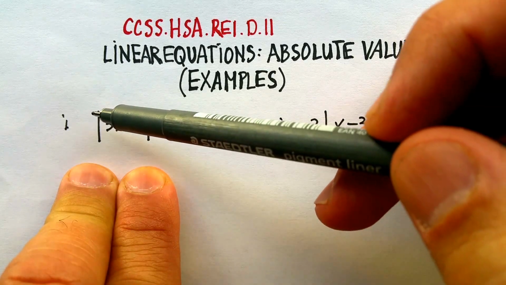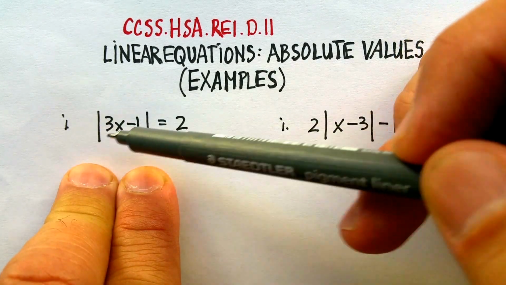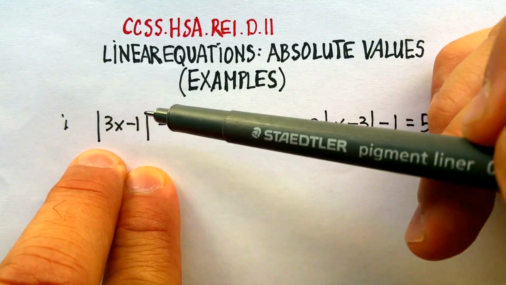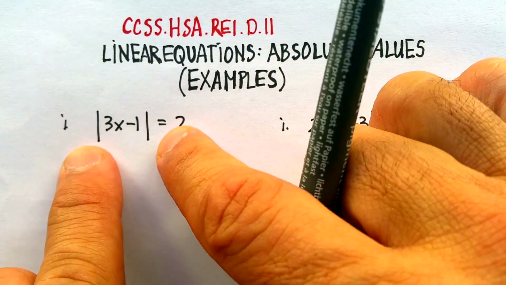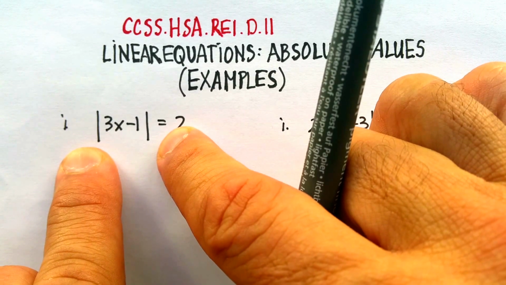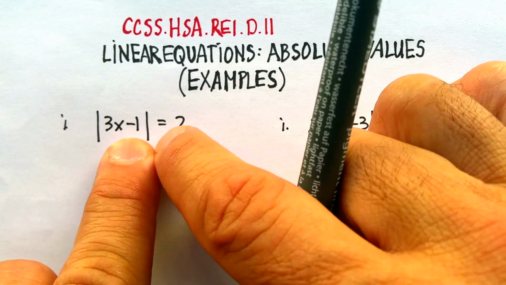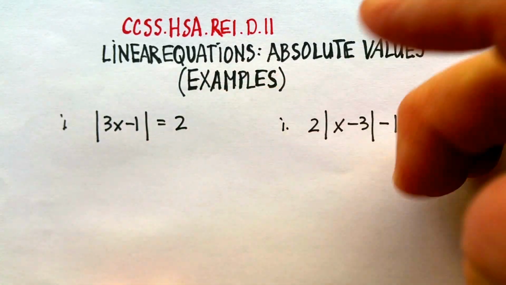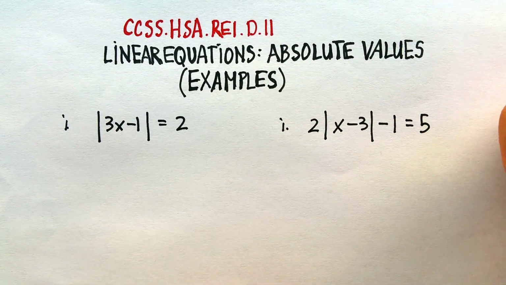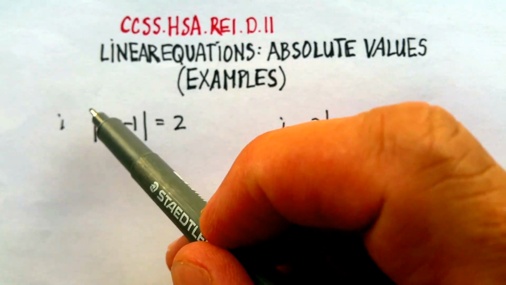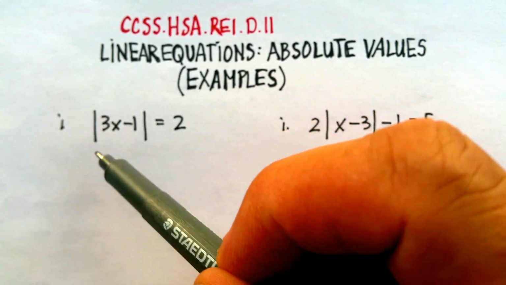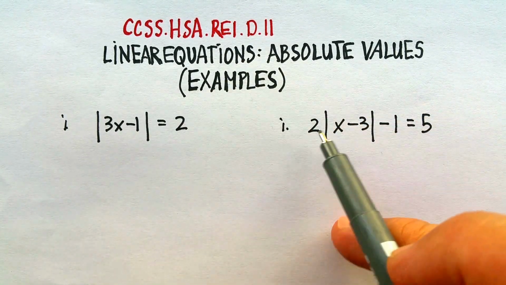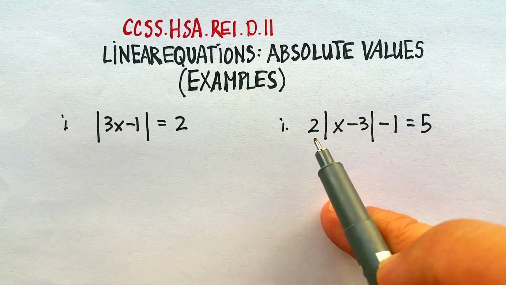So you'll notice that absolute values use these symbols, these straight lines that surround some terms. And this would be read as the absolute value of 3x minus 1 is equal to 2, okay? The first thing that you need to know about solving absolute value problems is that you want to isolate the absolute value all by itself. You don't want anything on either side of it, like over here in this second example.